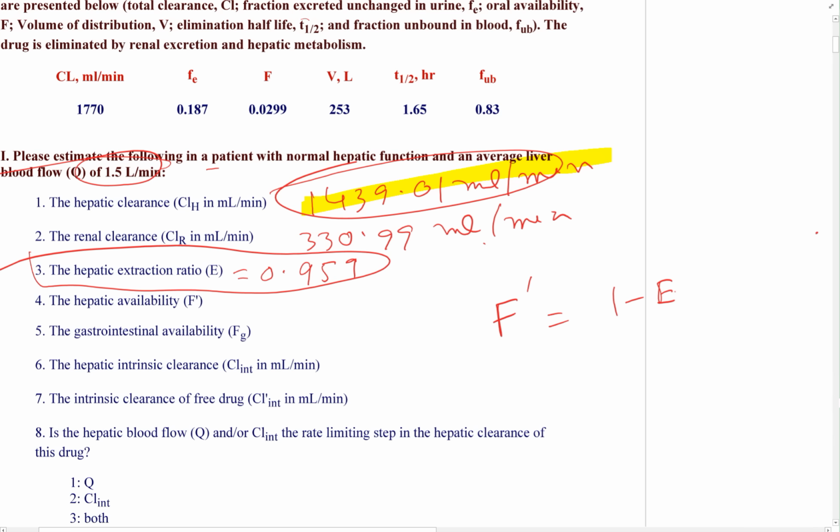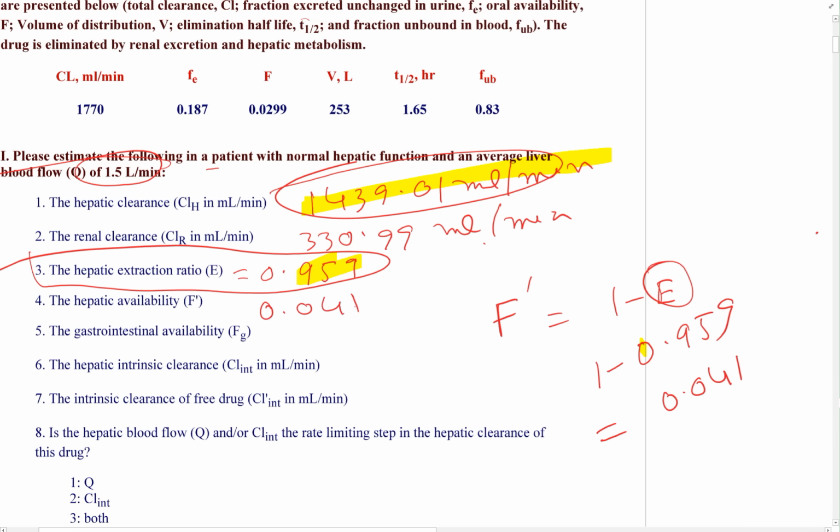So hepatic availability will be 1 minus our E, which is 0.959, equal to 0.041. Our hepatic availability is 0.041.